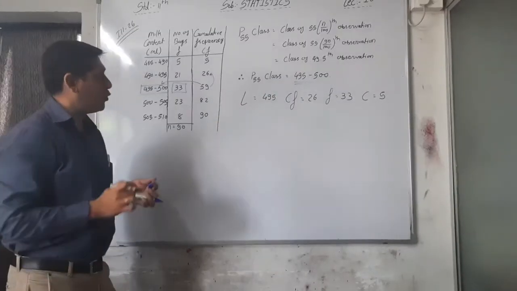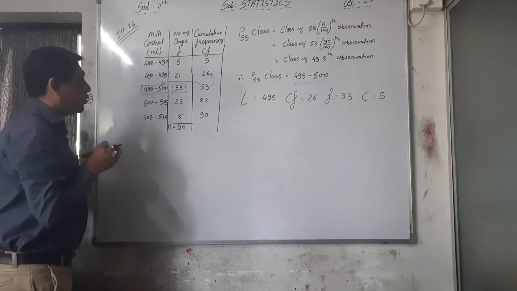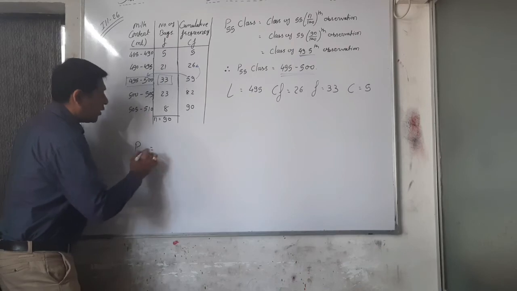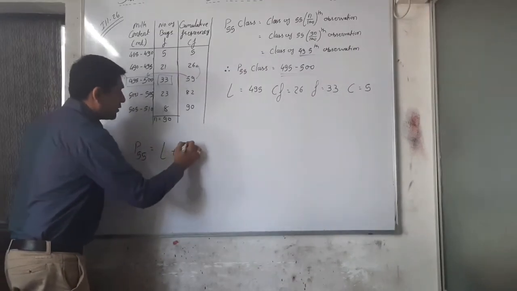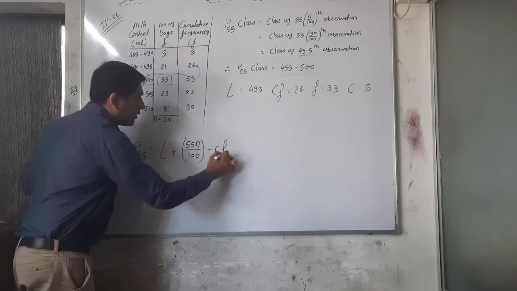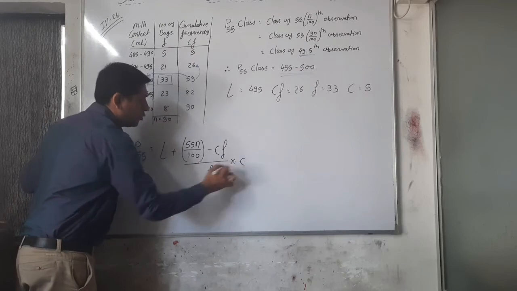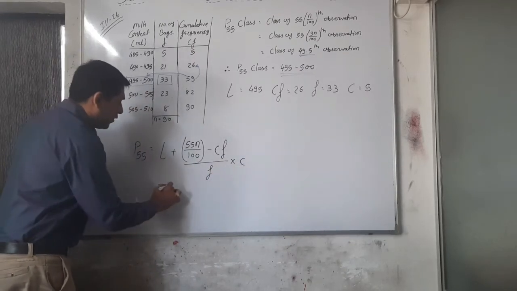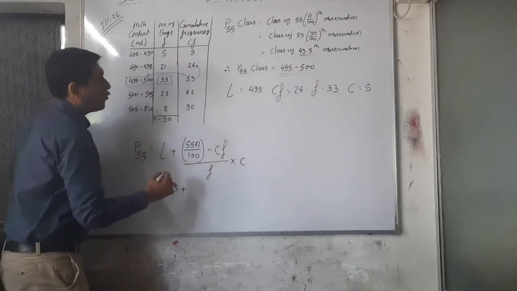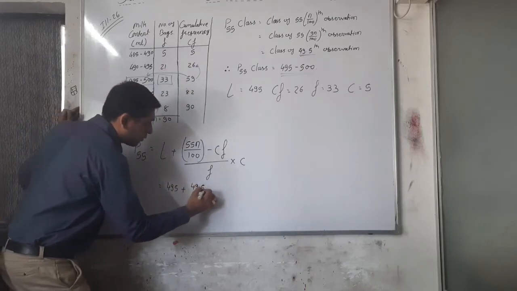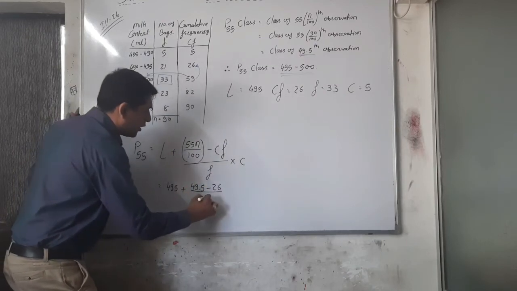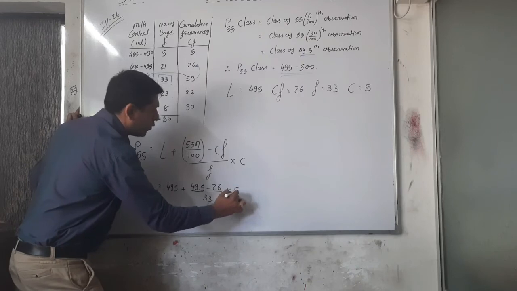So we just have to put all the values into the formula. P55 is equal to L plus 55N by 100 minus CF upon F into C. L is equal to 495 plus 55N by 100 is equal to 49.5 minus CF is equal to 26 upon F is equal to 33 into C is equal to 5.